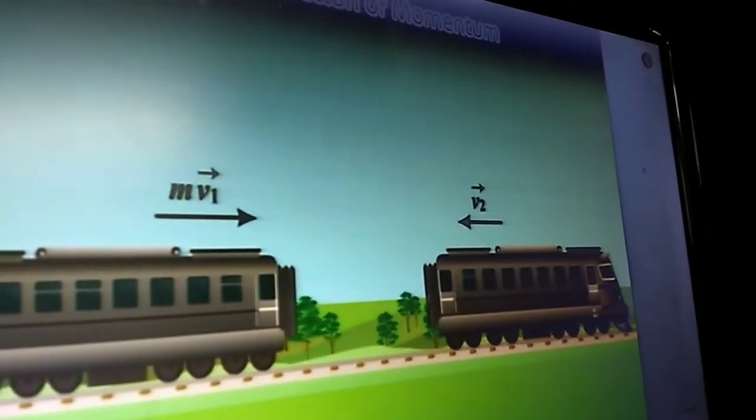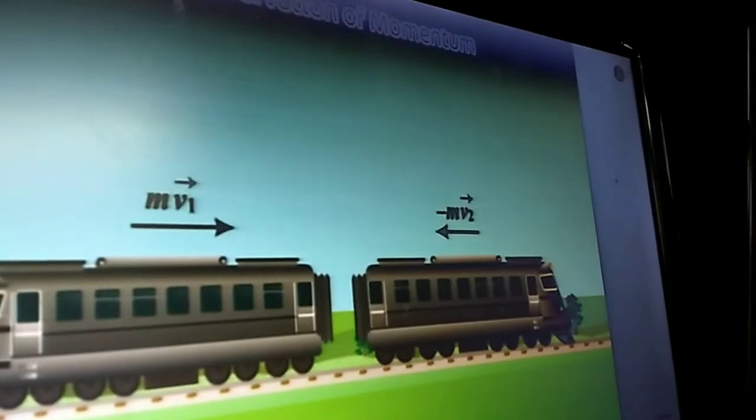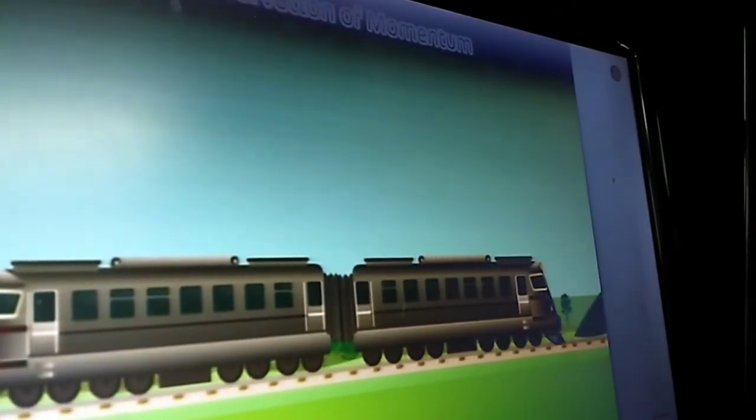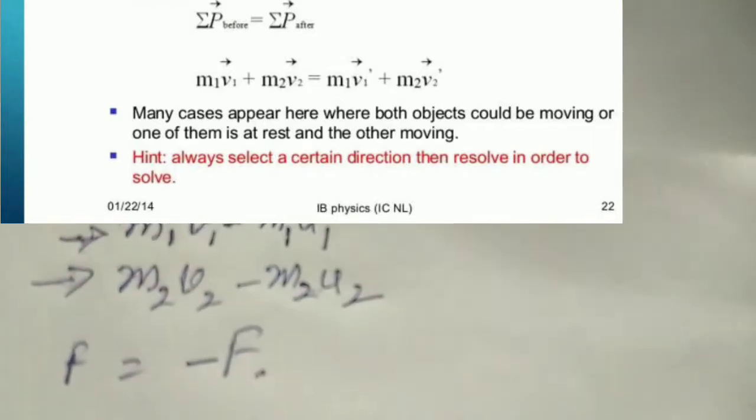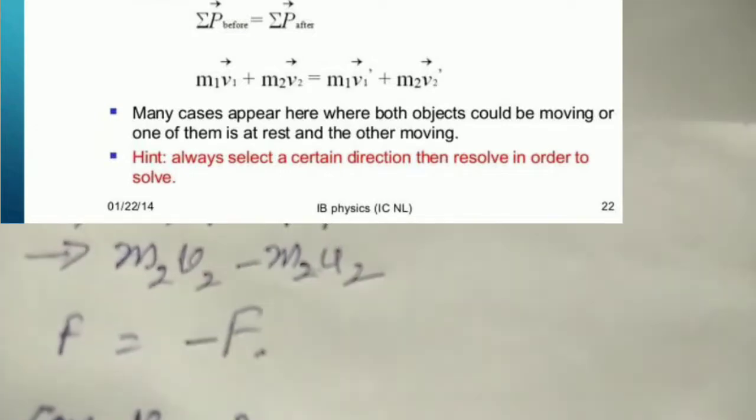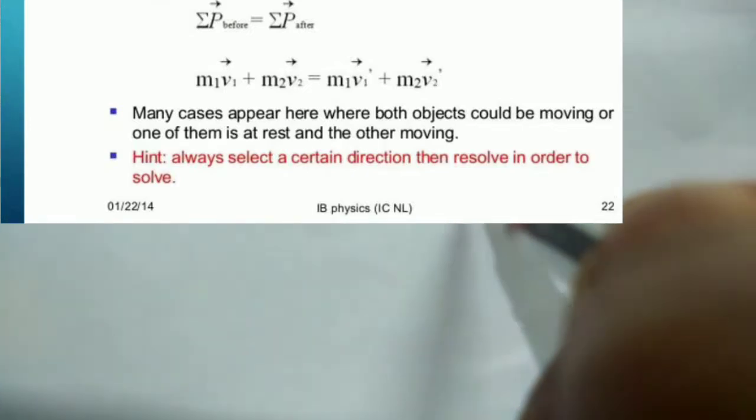So the change in momentum of body A is m1v1 minus m1u1. Then for B it is m2v2 minus m2u2. Now F1 is equal to minus F2, that is A is equal to minus B. That is, m1v1 minus m1u1 is equal to minus of m2v2 minus m2u2.